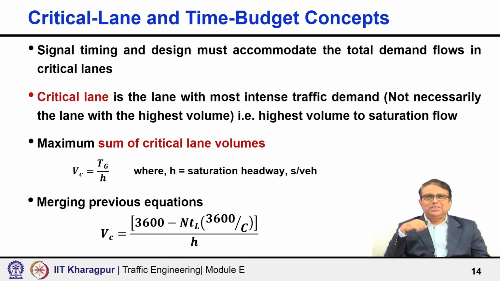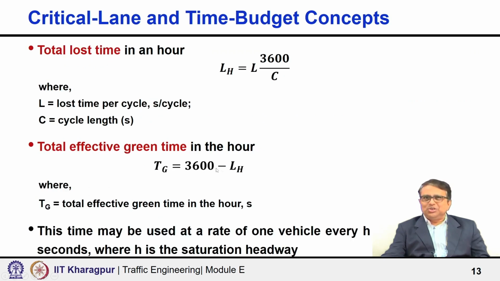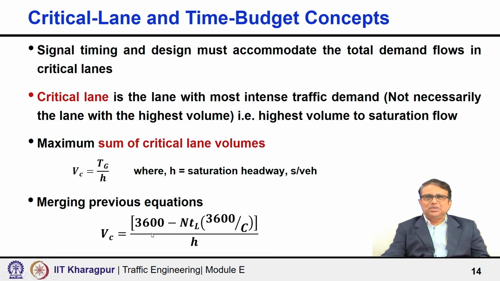Now, whatever effective green time Tg is available, at the rate of h seconds per vehicle, how many vehicles can I handle? Vc, the critical lane volume, equals Tg by h. What is Tg? Tg is 3600 minus LH. What is LH?